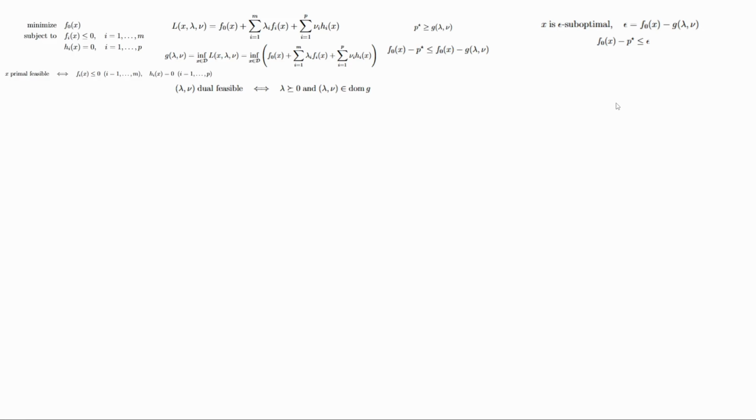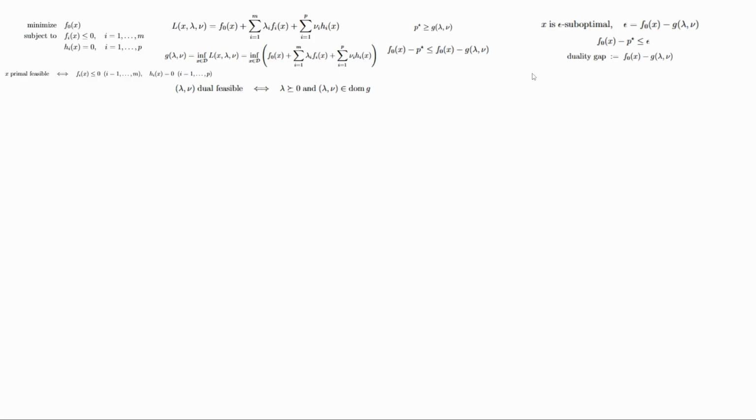What this is telling us is that if the gap is not 0, then this value of x is not optimal. We say that this x is suboptimal, or in this case epsilon suboptimal, where epsilon is exactly the value by which it's suboptimal. That is, f 0 of x minus p star, the optimal value, is equal to epsilon. Finally, it also localizes the optimal value of the dual function to this gap.